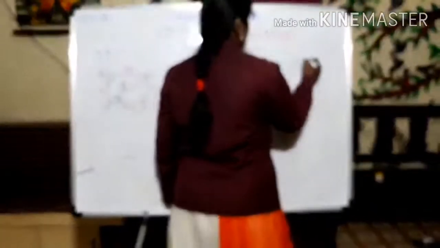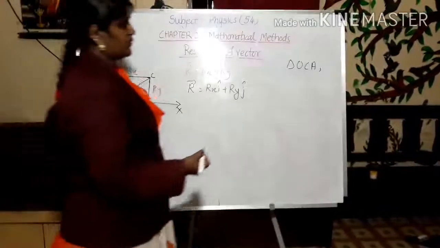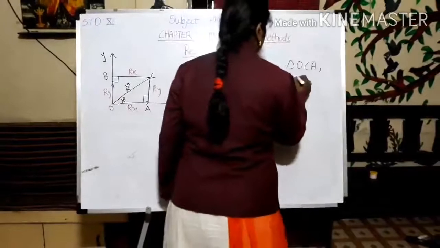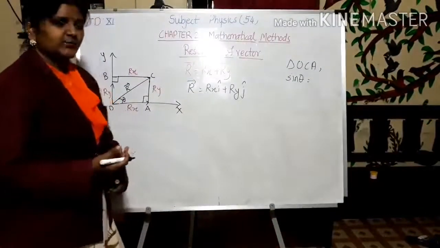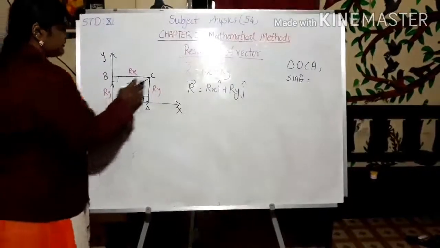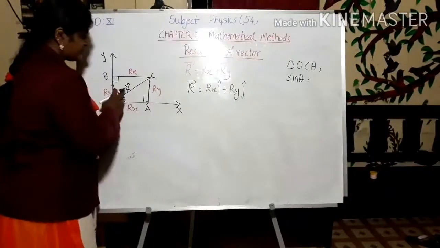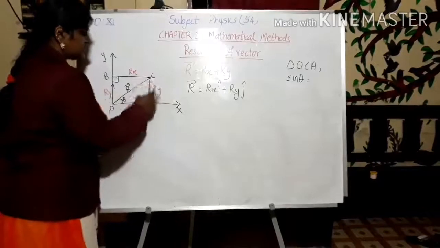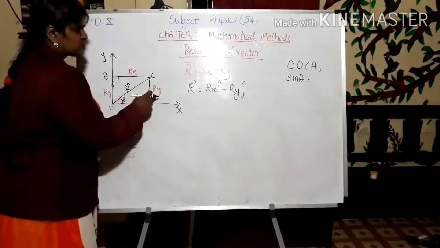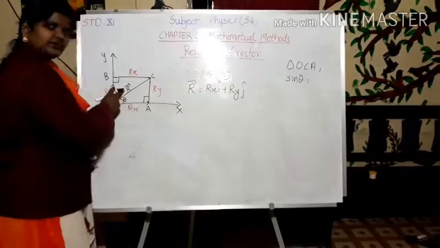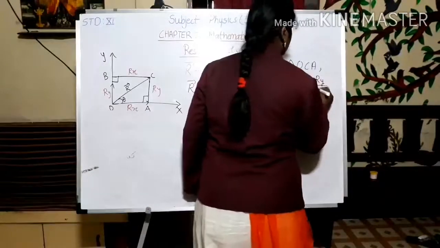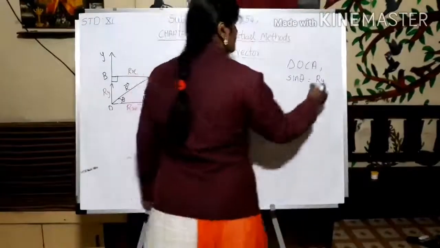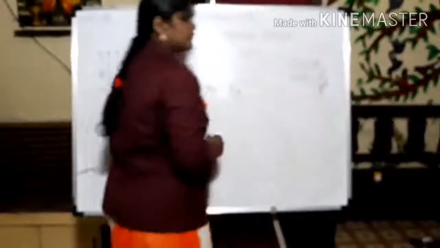What will sin theta be? Sin theta is the opposite side divided by the hypotenuse. The hypotenuse is OC, which is R bar. The opposite side is CA, which is nothing but Ry. So sin theta is Ry divided by R bar; I can put a bar on both of them.